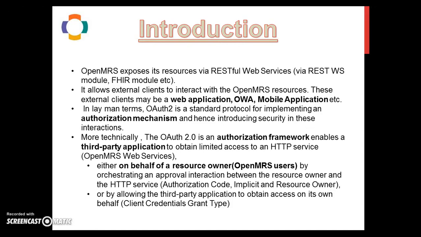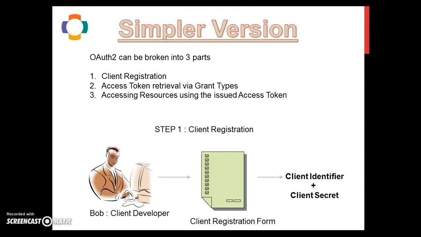This is covered by the authorization code, implicit and resource owner grant types. The second way is by allowing third-party applications to obtain access on their own behalf, so it's not dependent on the credentials of the user. This gets covered under the client credentials grant type.